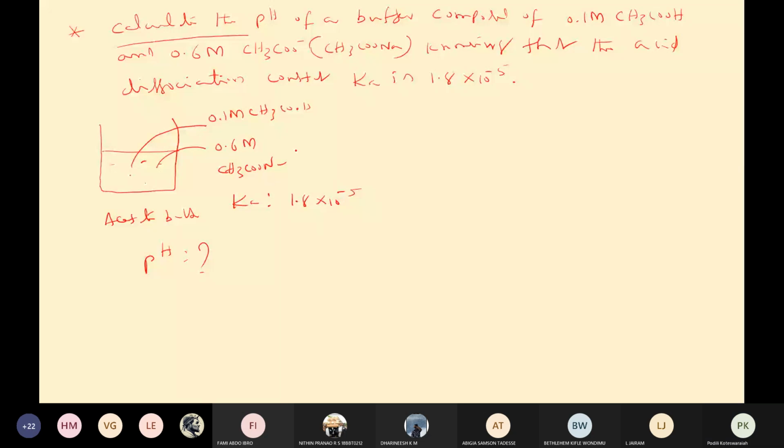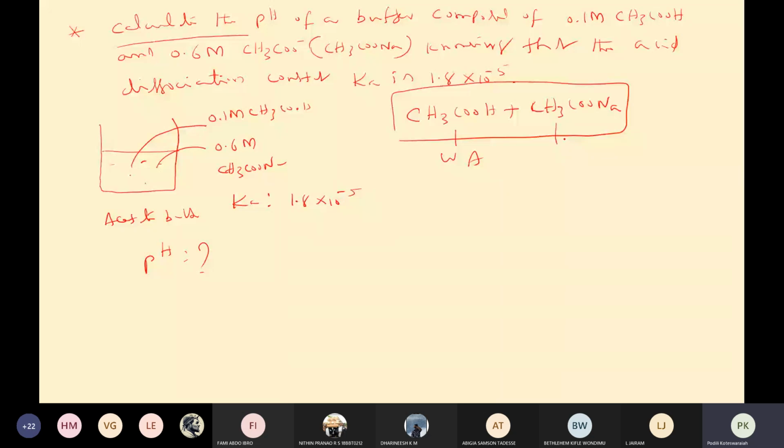The acetate buffer is composed of acetic acid plus sodium acetate. It is prepared from a weak acid, acetic acid, and its salt with a strong base, sodium acetate.